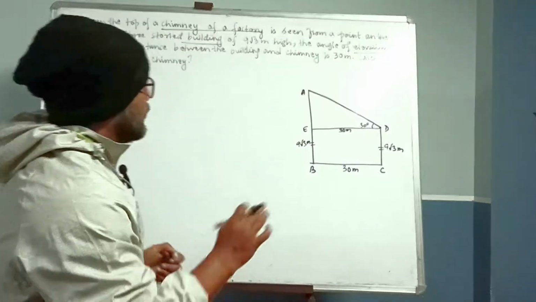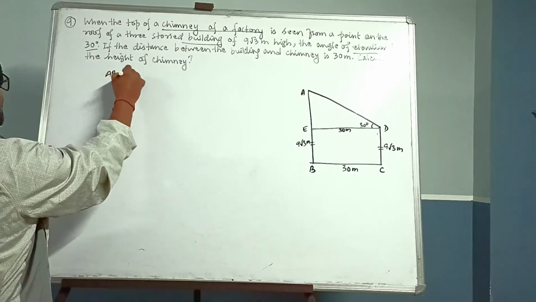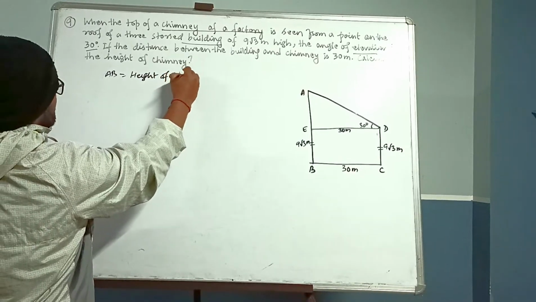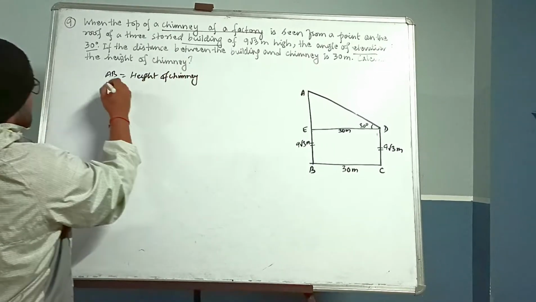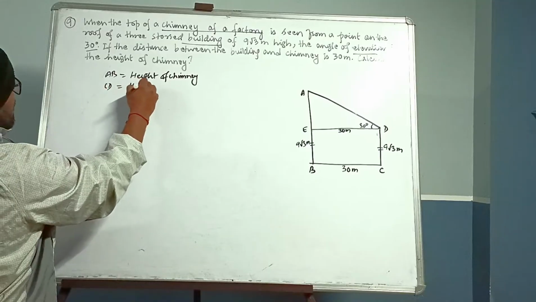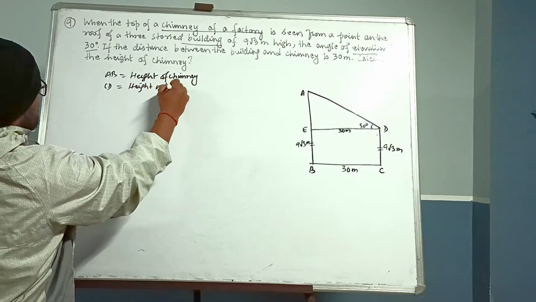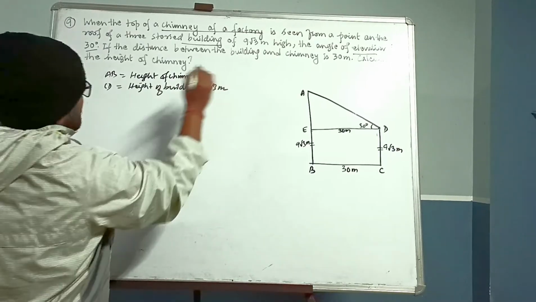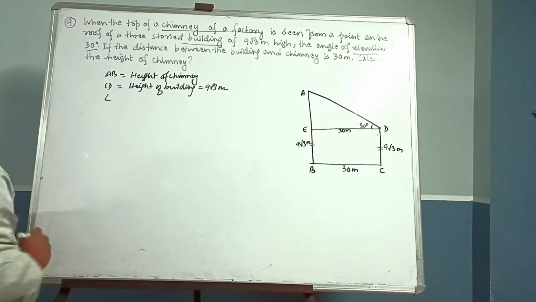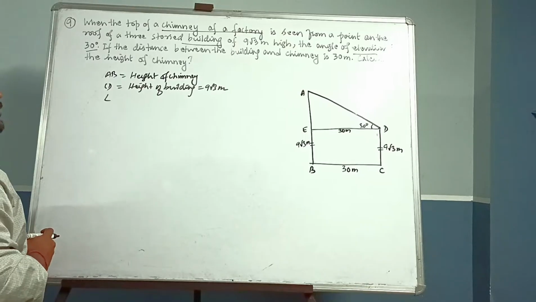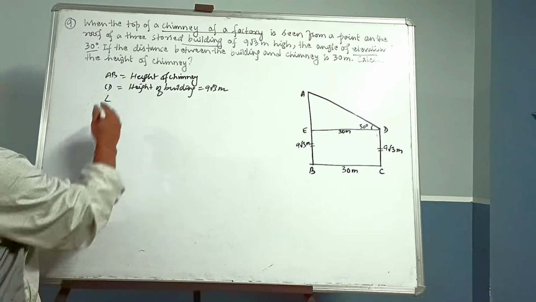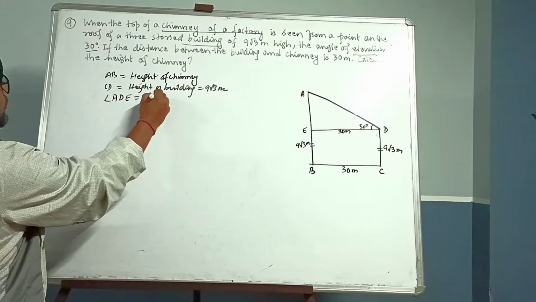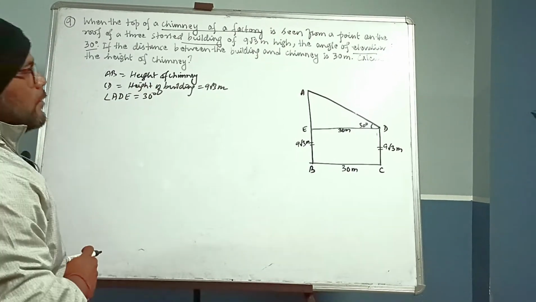Okay, so AB is the height of the chimney, CD is the height of the building, which is 9 root 3 meters. Clear? The angle of the top of the chimney when seen from the roof of the building, angle ADE equals 30 degrees.